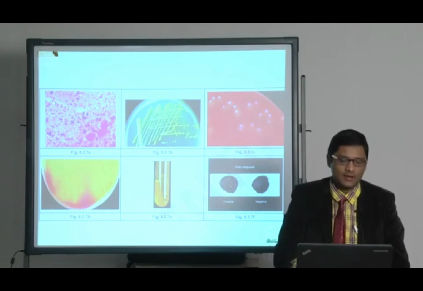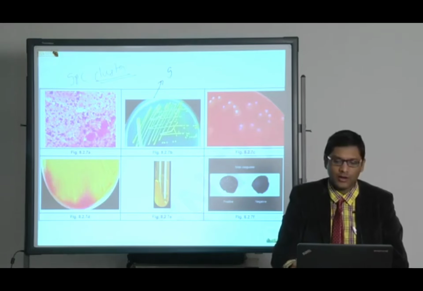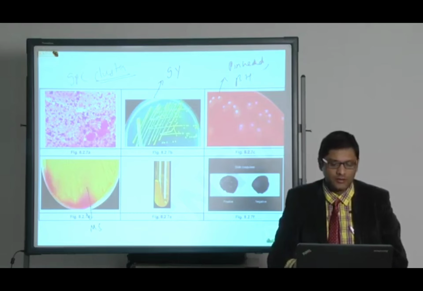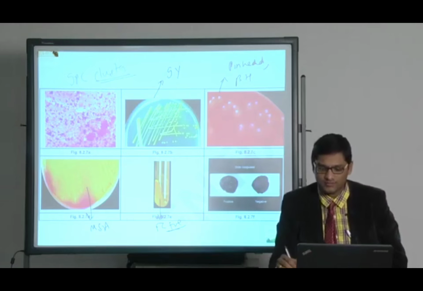The figures are gram positive cocci in cluster, nutrient agar golden yellow colony, blood agar pinhead colony with beta hemolysis, narrow zone, mannitol salt agar, and this is tube coagulase positive, and this is the figure of slide coagulase.